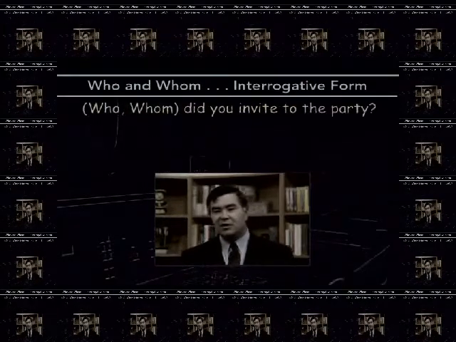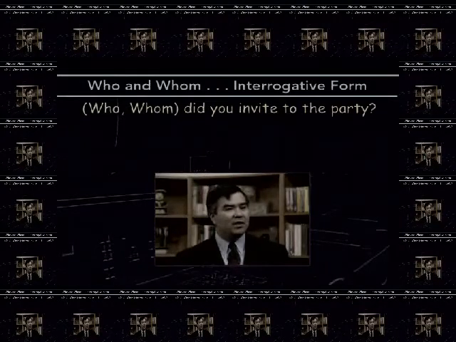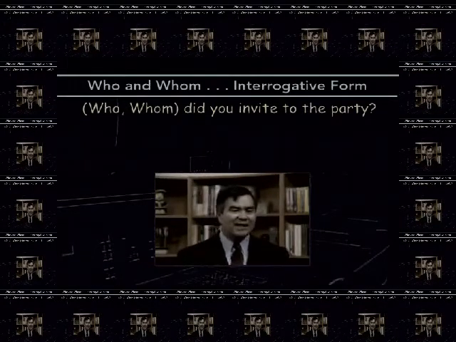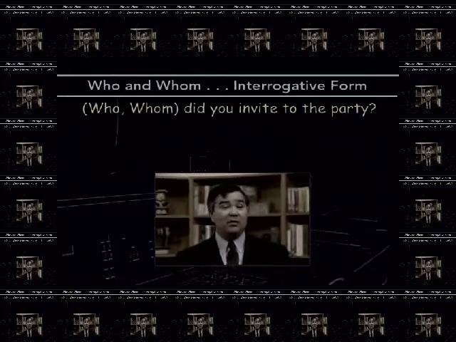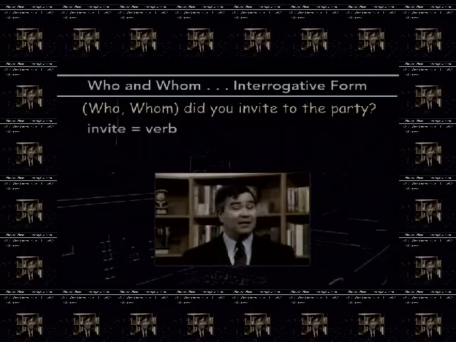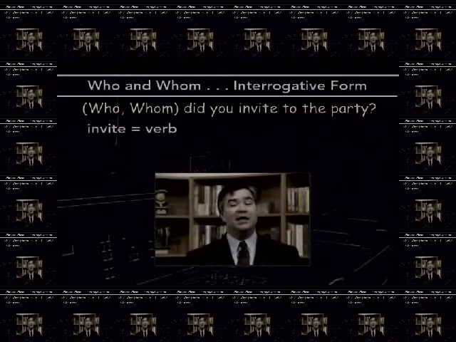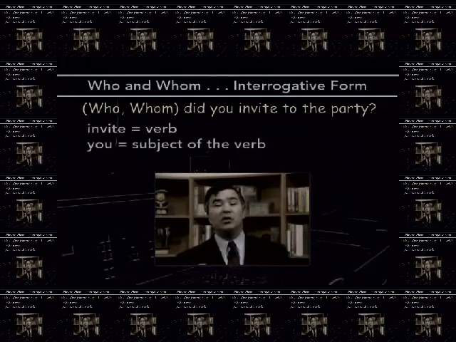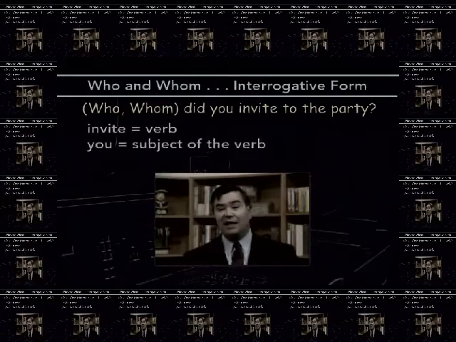What about this sentence? Who or whom did you invite to the party? Once again, who or whom is being used as an interrogative pronoun. Now, what's the verb in this clause? The verb is invite. And who or what is the subject of invite? That is, who is doing the inviting? Well, the answer is you. You are the one doing the inviting.